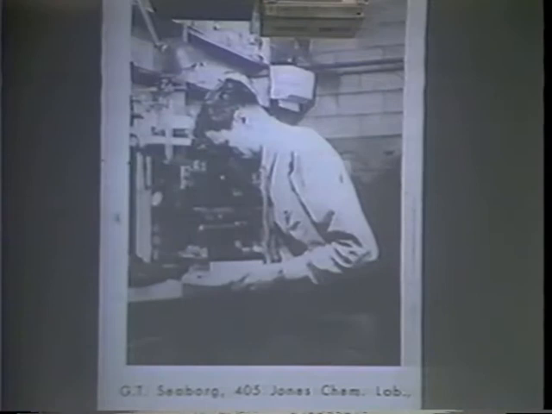And here I am at the same time in that laboratory, which was also declared a historic national landmark on the 25th anniversary of this first weighing of plutonium, which was 2.77 micrograms of the oxide, weighed on September 10th, 1942.